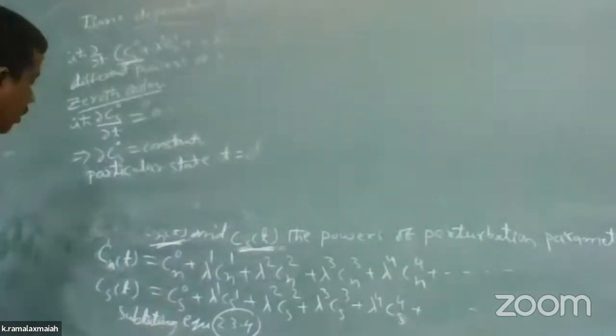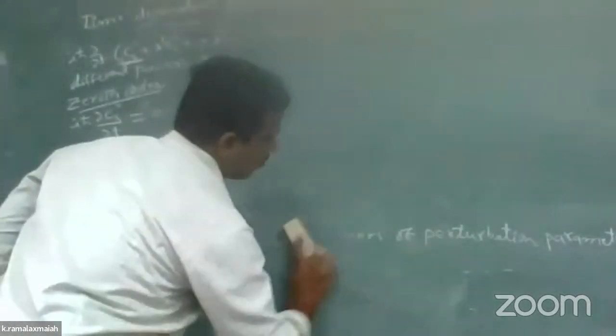That is the 0th order. The second one is the first order.